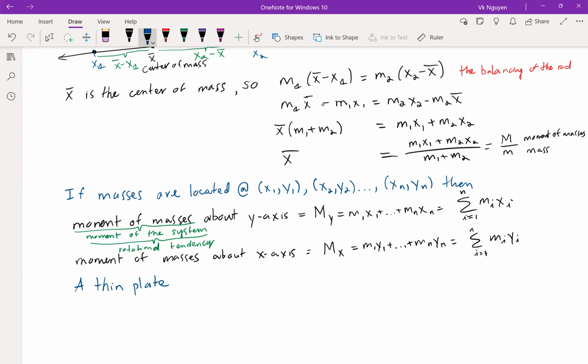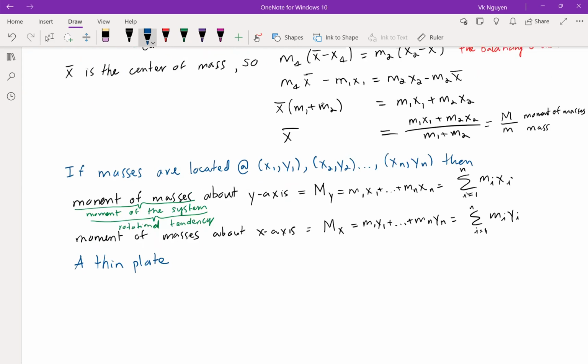For a thin plate, the moment of mass is going to be the double integral because we're going to sum up all over the region D. And same thing here for the moment of mass about the x-axis, you have a double integral.